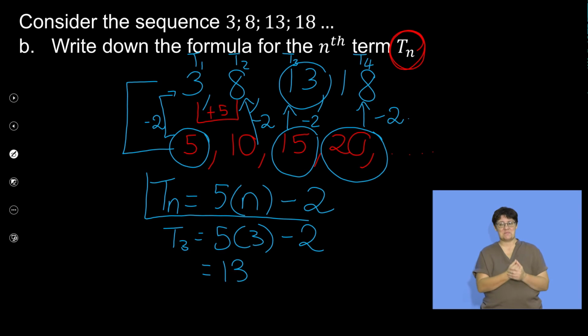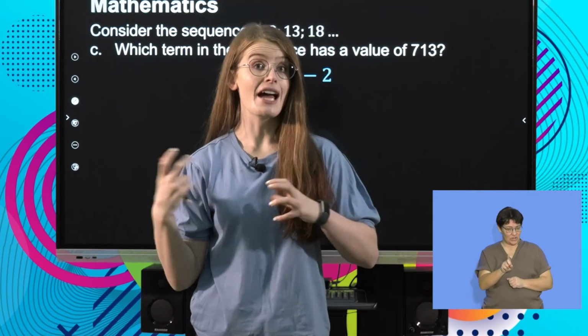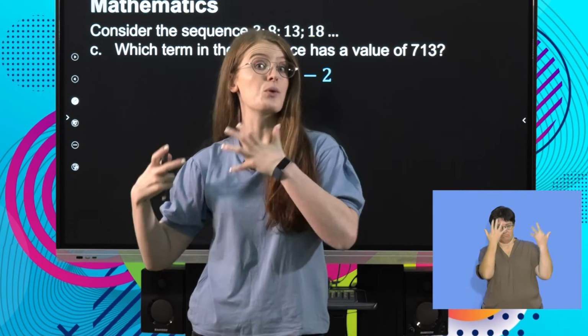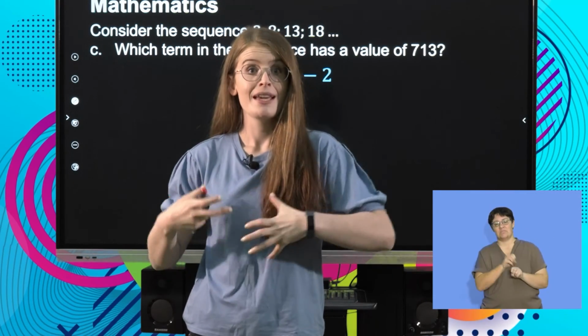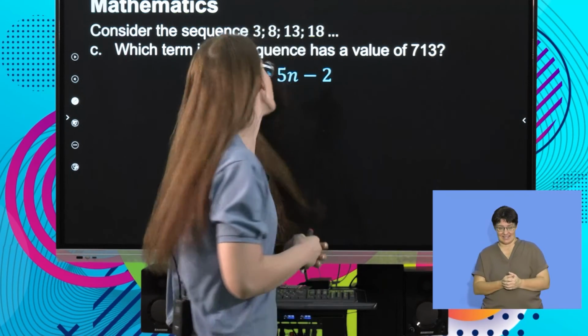So this is my nth term. We're now going to use our nth term for the next example. So this question is going to rely on my determined general term in order to answer the question. Let's read the question together.